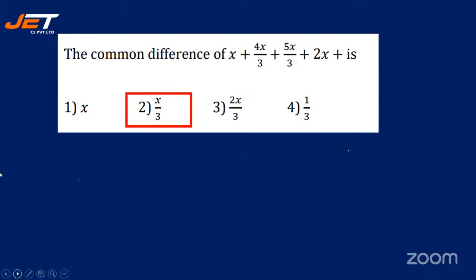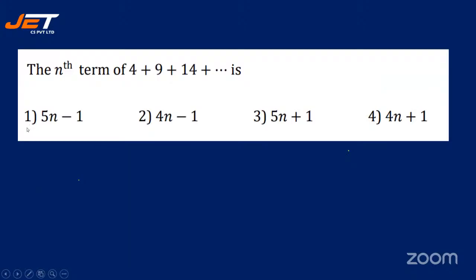Yeah, right. See the next question. The nth term of 4 plus 9 plus 14 and so on is dash. The nth term. So Tn is a plus n minus 1 into d.